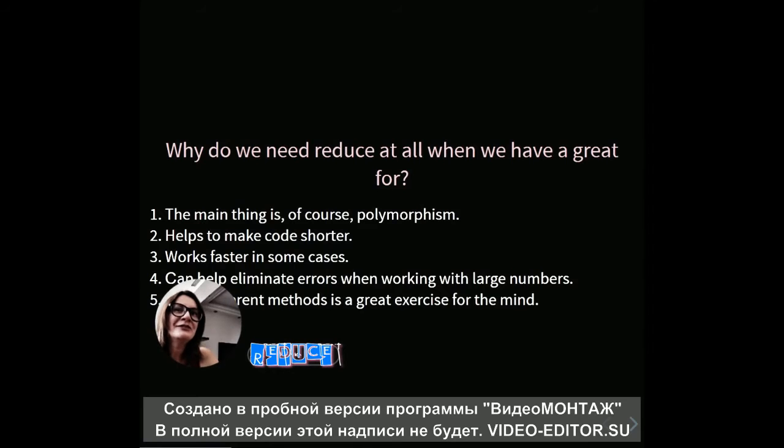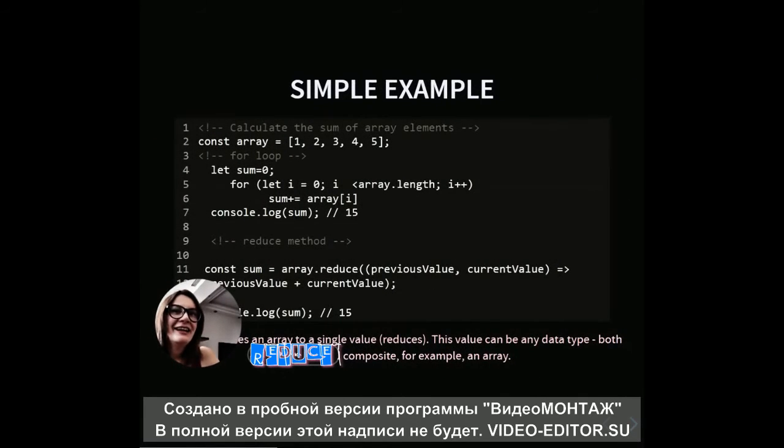Let's move on to the examples for clarity. Let's take a simple example: finding the sum of elements. This classic example is found in almost every description of reduce. My slide shows the for loop and the reduce method.